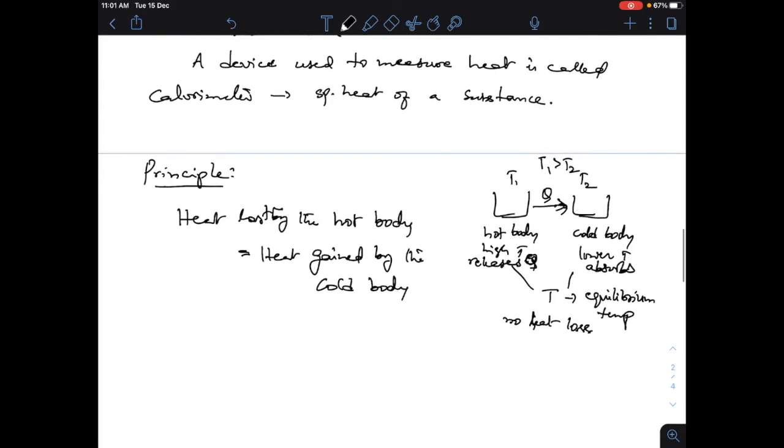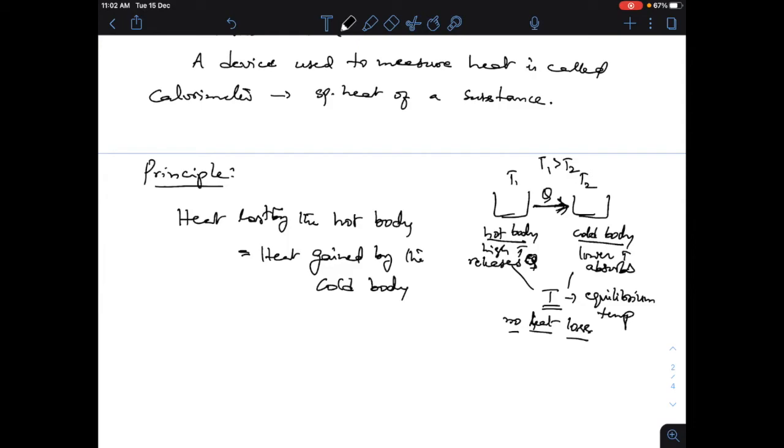So I repeat, when two bodies at different temperatures are brought in contact, heat will be transferred from the body at higher temperature, the hot body, to the body at lower temperature, the cold body, until both acquire the same temperature. I call this the equilibrium temperature, or thermal equilibrium, provided no heat is allowed to escape to the surroundings.